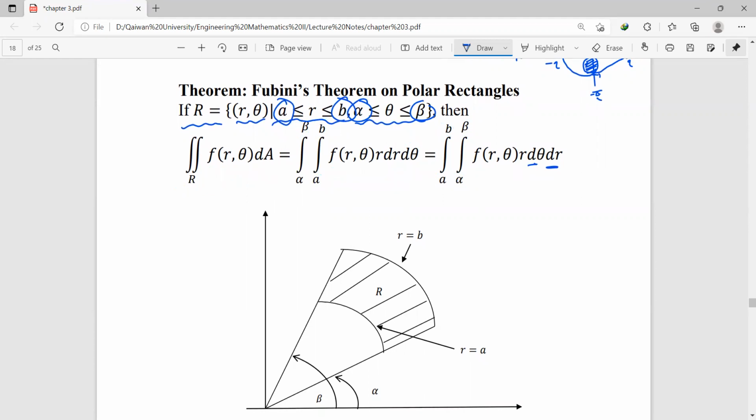Yes, but here, even in the previous one, if we are changing the order, it's okay if both are constants. I mean, if x is from a constant to another constant, and y is from a constant to another constant, you can directly change the order without changing the lower and upper limits.